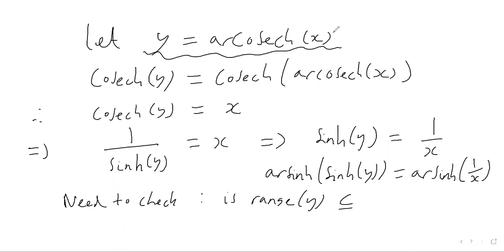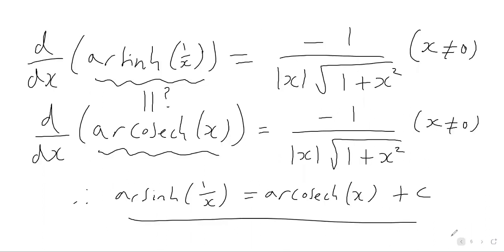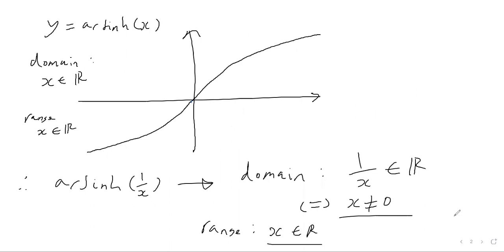But the domain of a function is the same as the range of its inverse function, so this is just the same as the range of the arsinh function. We know the range of the arsinh function because we sketched that back over here.